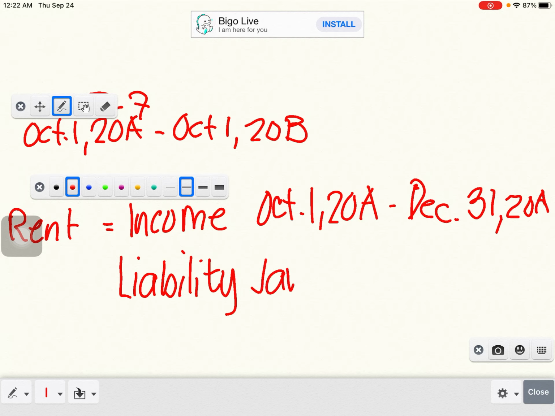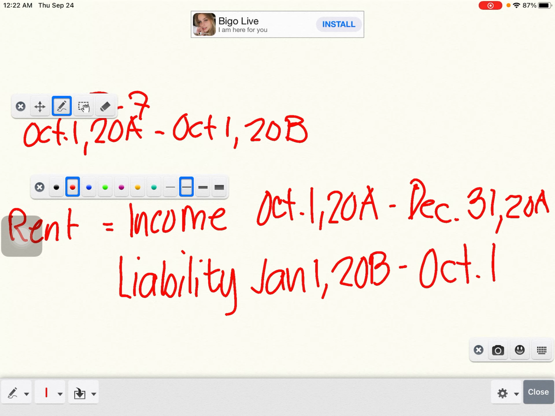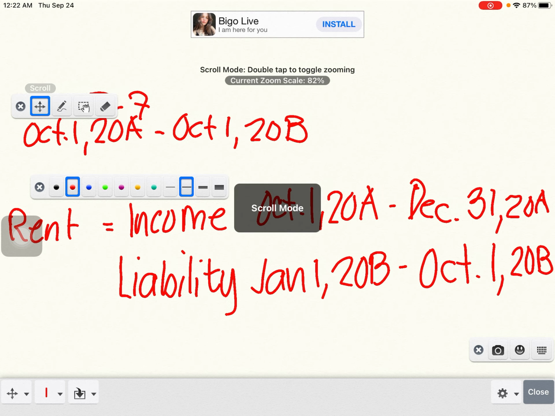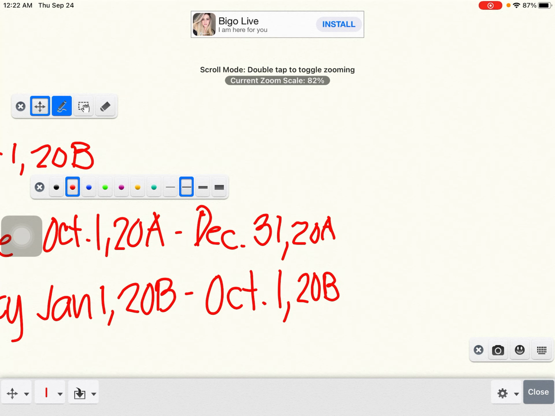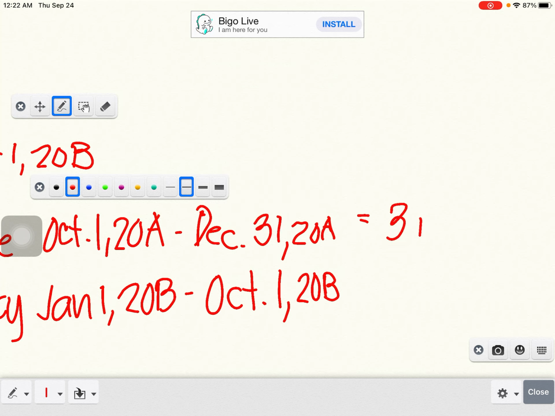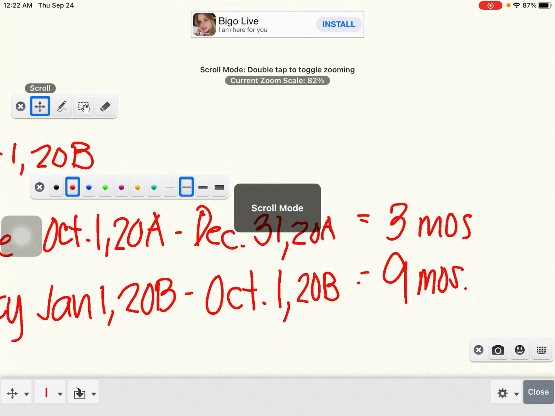While the liability starts from January 1, 20B to October 1, 20B. So, how many months? October 1 to December 31, that is a total of 3 months. January to October, that is 9 months.